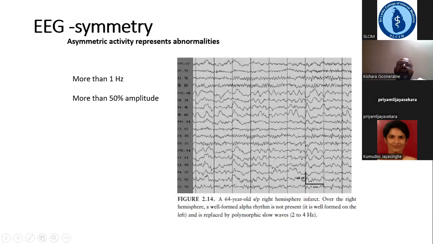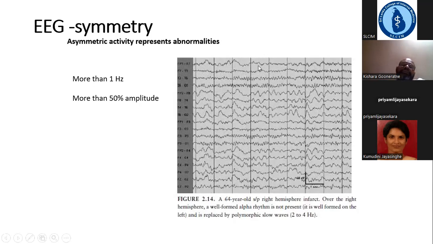There is much greater amplitude on the right, and you will also notice that the frequency on the right is in the delta range, whereas the activity on the left is in the alpha range and looks quite normal.